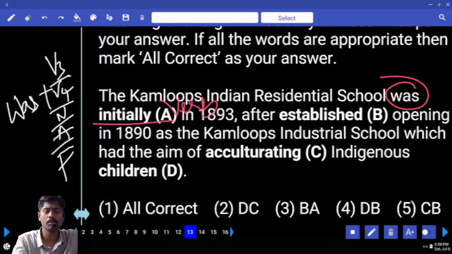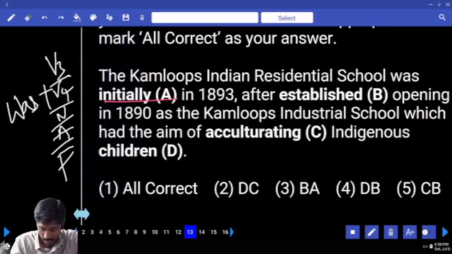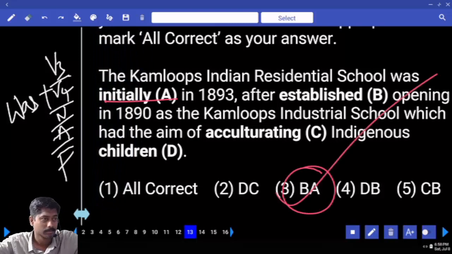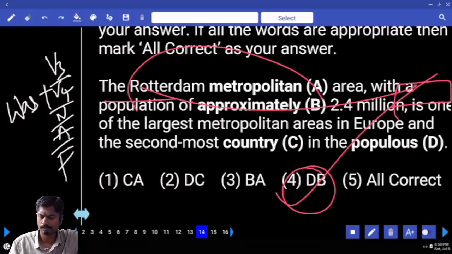There is no verb, only a preposition, so it is wrong. My answer is in A only. A has to change. Because only option A is wrong. No other, let me confirm. The Kamloops Indian Residential School was established in 1893 after initially opening. Now, verb. Third option is the correct answer.